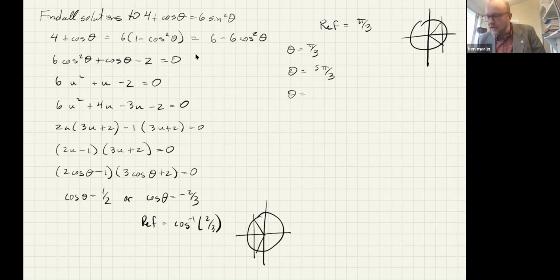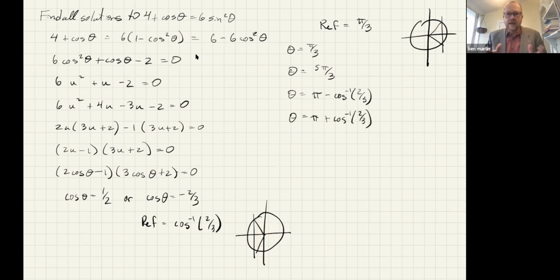So we're going to say theta equals pi minus the inverse cosine of 2/3. And then the other one, because that one's going to be here in the second quadrant, the other one in the third quadrant we'll get from saying pi plus the inverse cosine of 2/3.